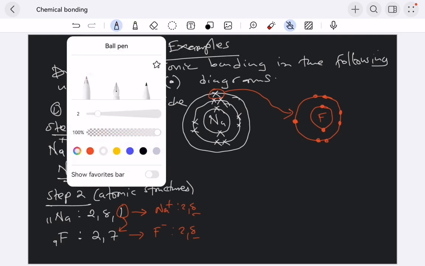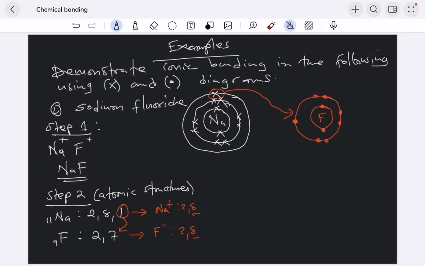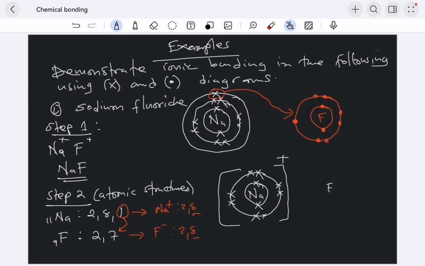Therefore, my final structure will be sodium 2, 8, with 8 electrons in the last shell, and I'll have this to show that it's an ion now. Then fluorine becomes a fluoride, so with those 7 then gains 1, so this becomes this.